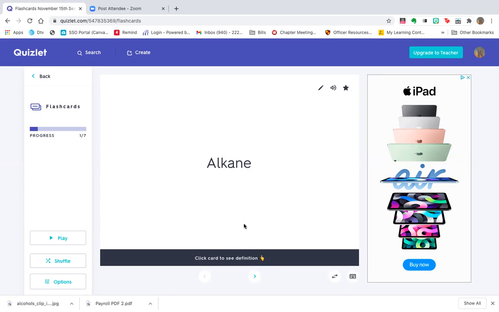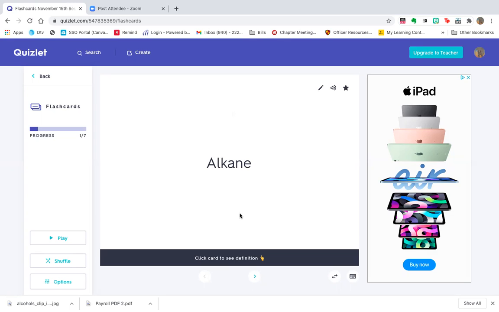So an alkane. For these, I have the definition of it, but also the equation to get the amount of hydrogen from the amount of carbon. So what do you think alkane is?